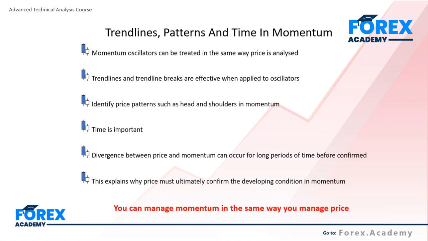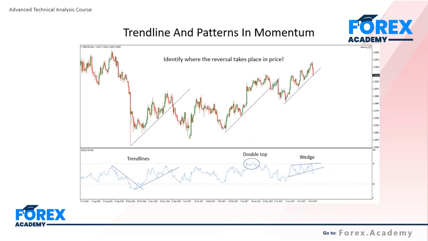Therefore, you can consider using your momentum oscillators in much the same way as your price from an analytical perspective. Here's an illustration whereby we highlighted drawing trend lines on your momentum oscillators and using the break of the trend lines to suggest, or at least take on board, the confirmation that the oscillator is moving in a downward direction.